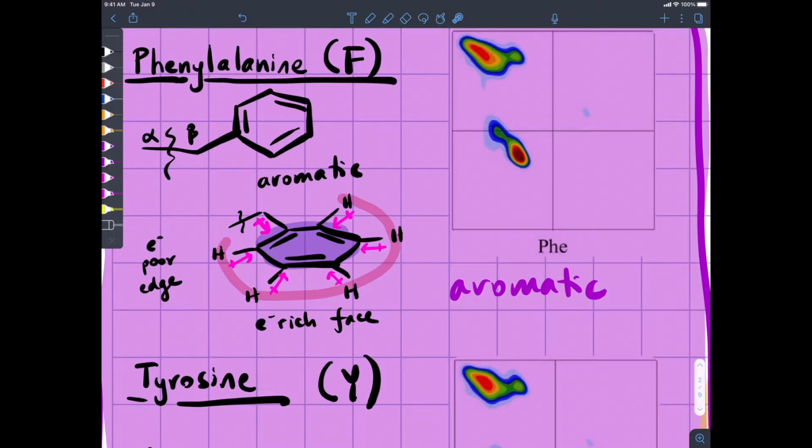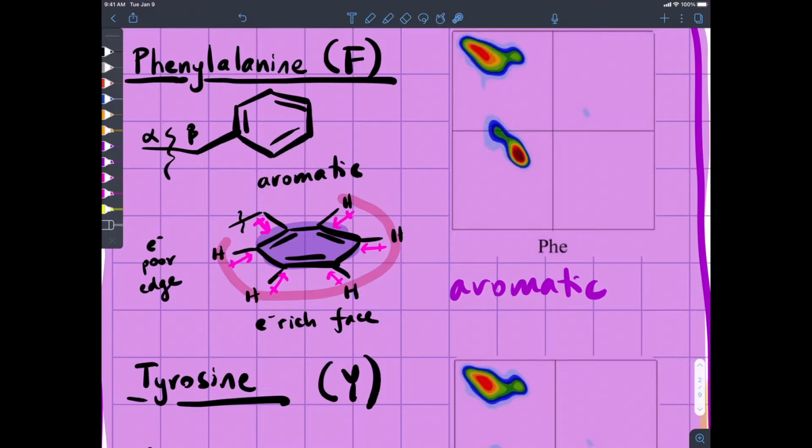sp2 hybridized carbons are more electronegative than hydrogen. And what that means is that in a benzene ring, the hydrogens are electron poor and the carbons are electron rich. So even though benzene isn't polar, there's no dipole, there is something called a quadrupole.